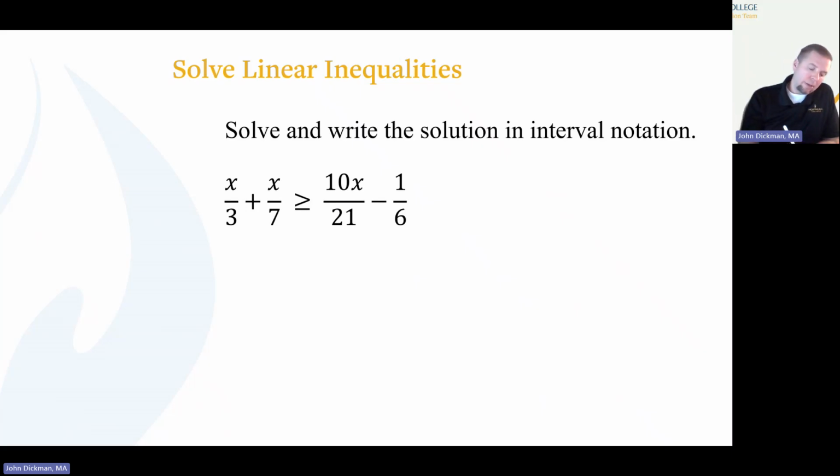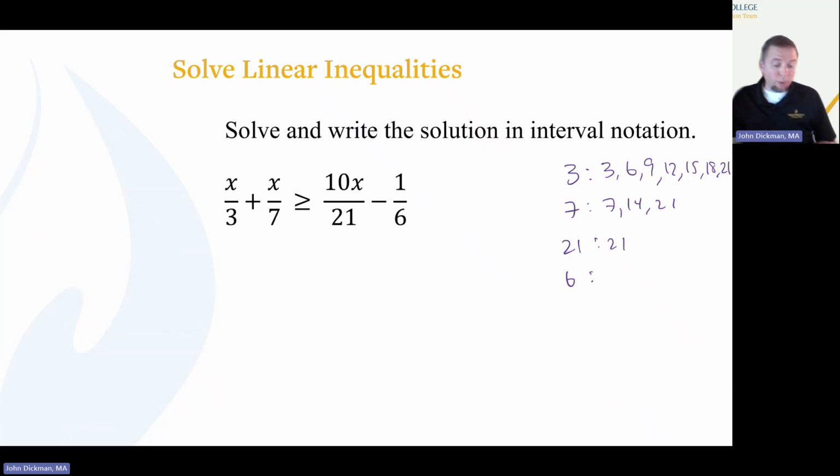Least common denominator, or least common multiple, between 3, 7, 21, and 6. If I do multiples, 3, 6, 9, 12, 15, 18, 21. Okay. 7, 14, 21. 21. 6, 12, 18, 24.